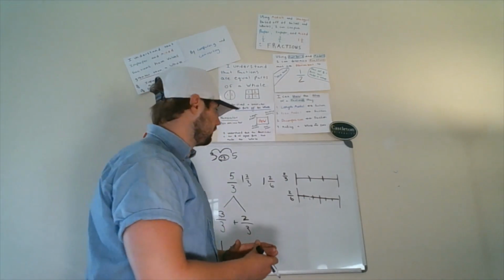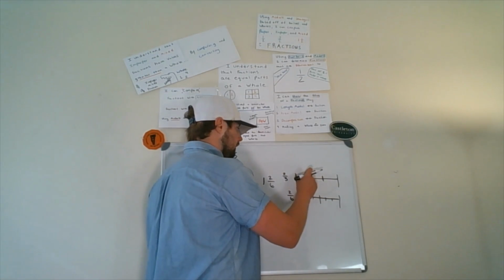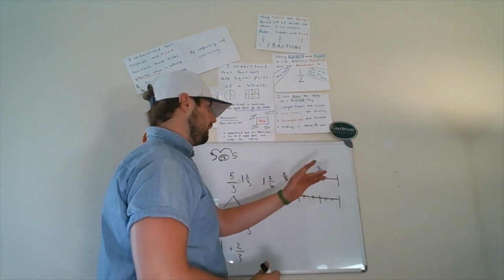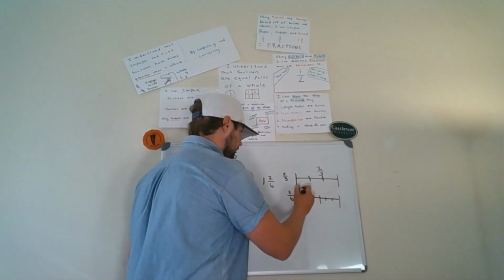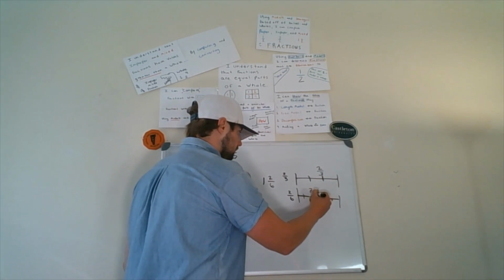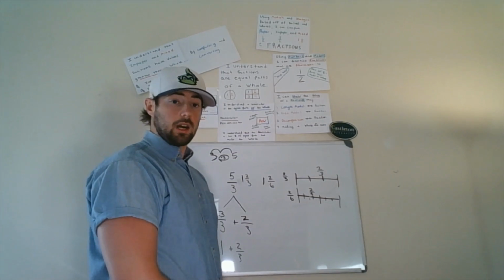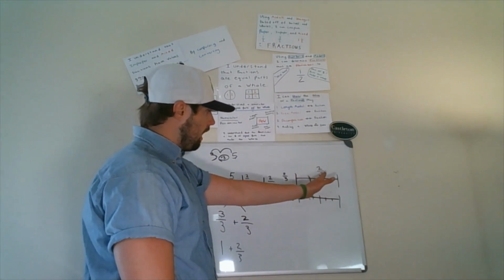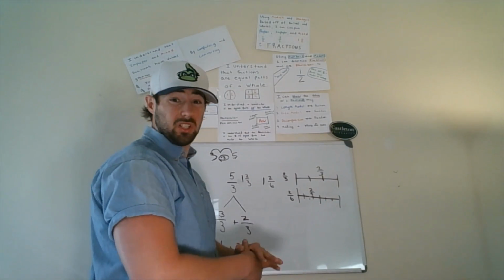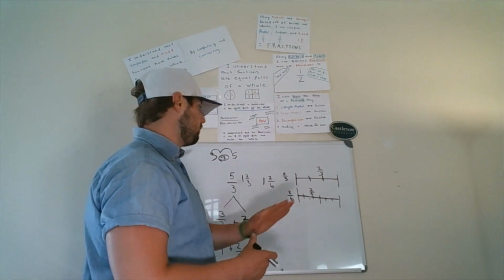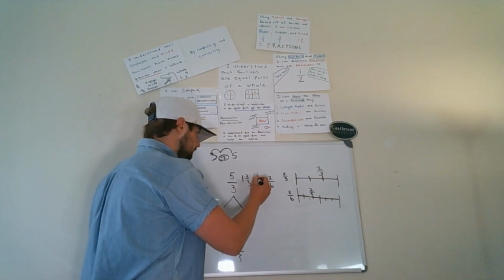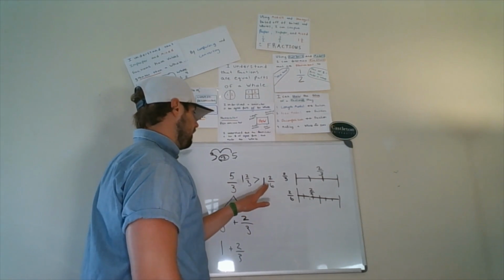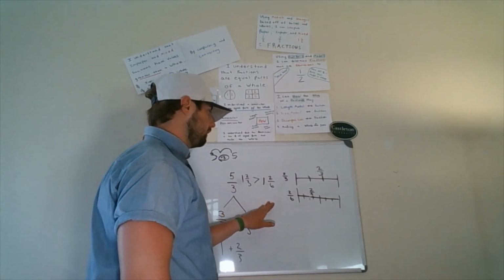Let's compare. 2/3 represented on the length model. 2/6. Which is greater, 2/3 or 2/6? Well, on my length model, 2/3 is clearly greater than 2/6. 5/3 is greater than 1 and 2/6.